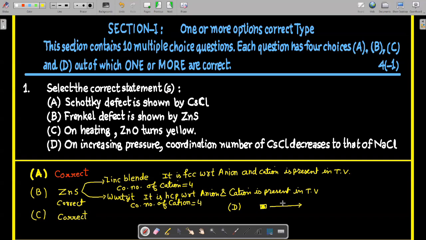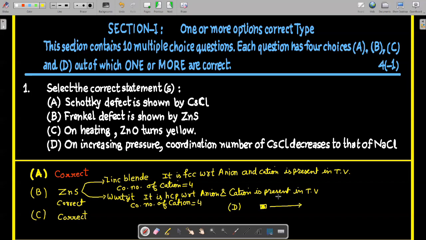When they come nearer to each other, the coordination number is going to increase. This statement is given in NCERT also: when we are applying pressure, the coordination number will increase, and when we are heating, expansion will take place, so coordination number will decrease. These two points are important.